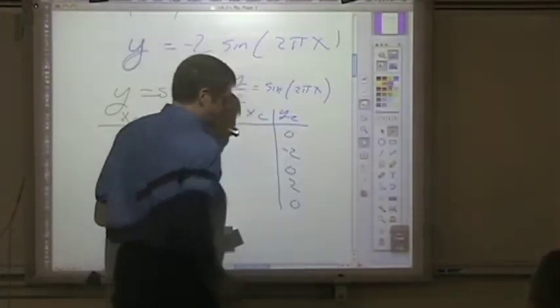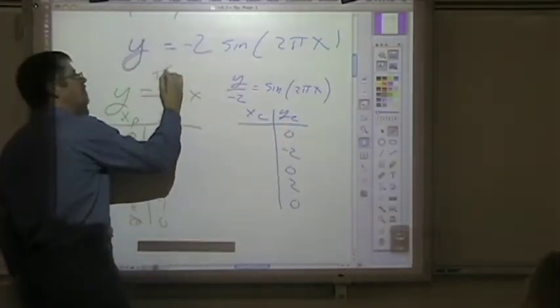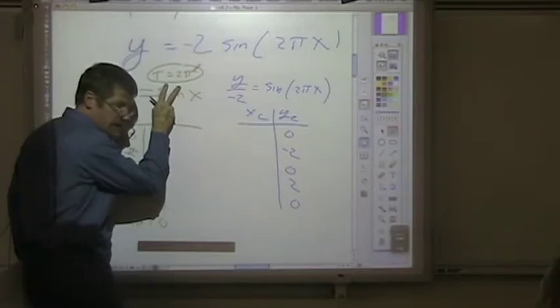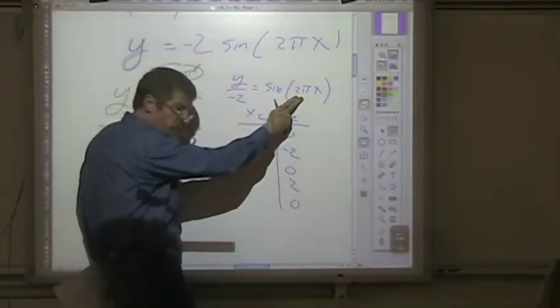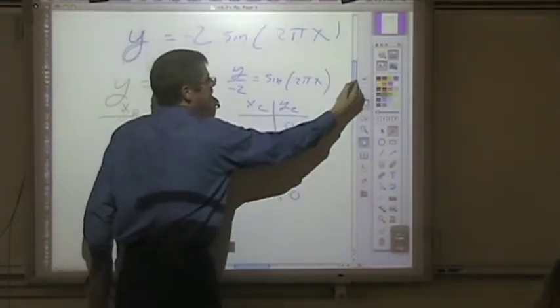Check this out. The period of the parent function that we learned on Friday is 2 pi. Oh, what a coincidence. So that means that we can divide the entire period by 2 pi. 2 pi divided by 2 pi is 1.